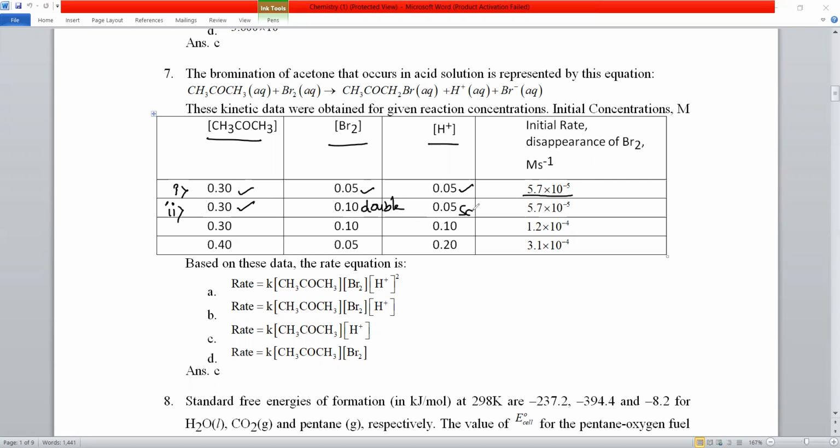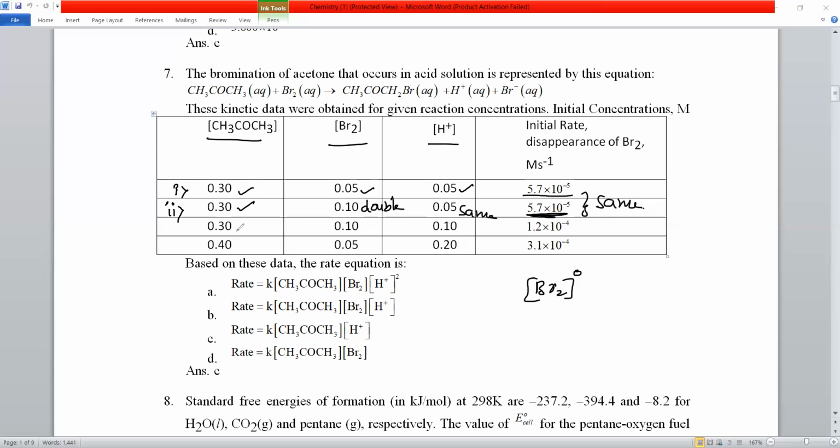Here this also is the same. So is there any change in rate? The rate is the same here. Even if the concentration of bromine is doubled, the rate is the same. So with respect to Br2, the rate is independent of concentration. Br power 0.